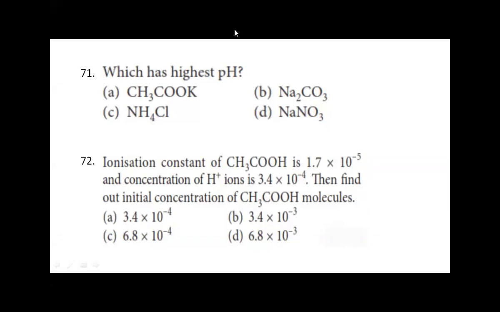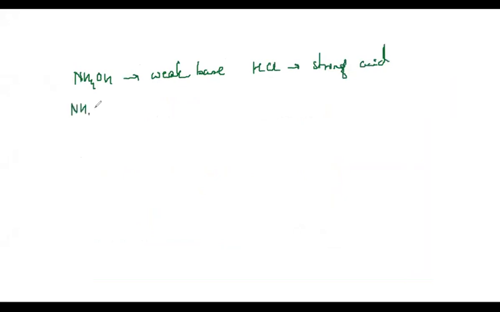Now see, when we speak about ammonium hydroxide, it is a weak base. But HCl is a strong acid, correct? So when this weak base and strong acid combine in the solution, it will form NH4Cl.